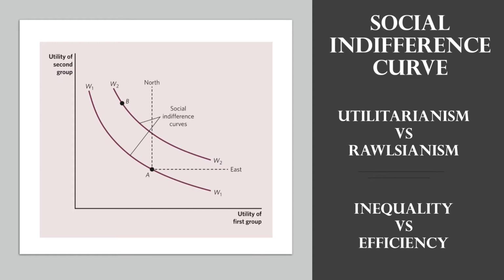On the other hand, conversely, John Rawls and the concept of Rawlsianism says that we cannot have a social maximization of utility if we do not increase the utility of the worst off person, I should say, in the economy.